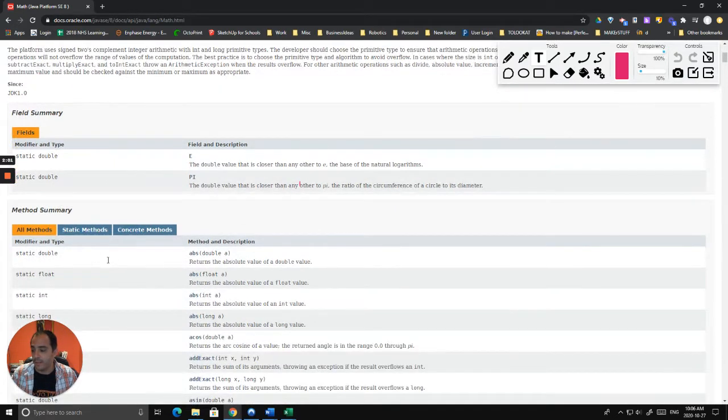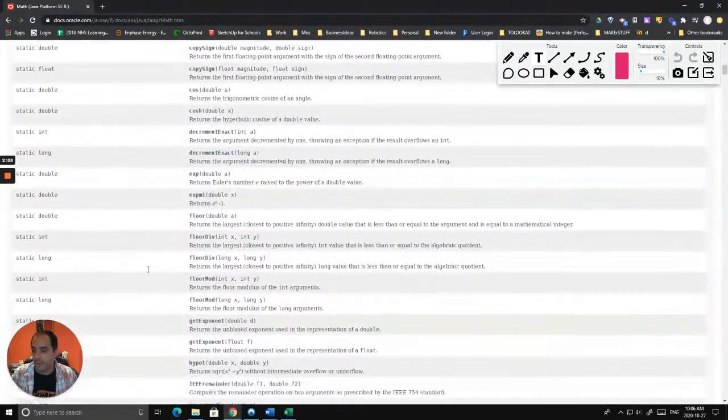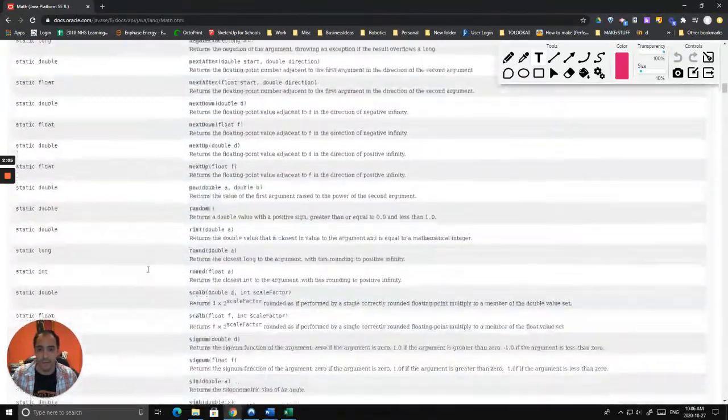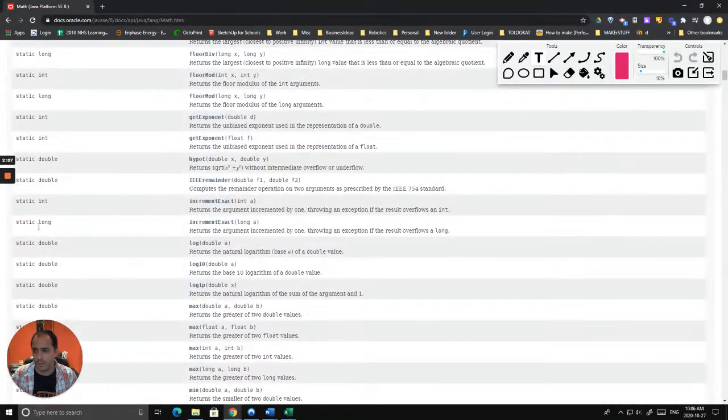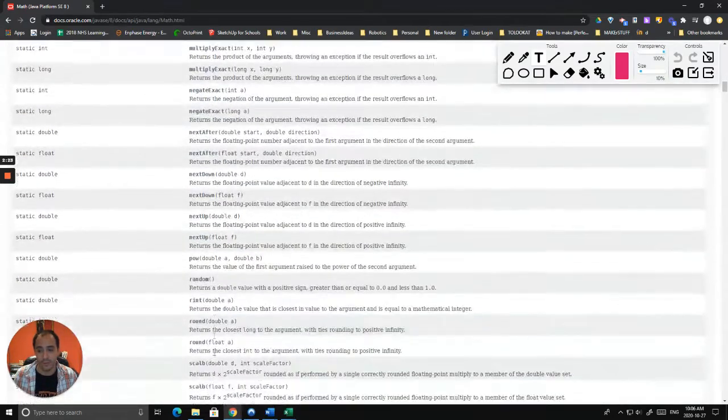Next is the list of all of the methods that exist in the math class. You're going to notice that they're all static, and I realize I've only talked briefly about what that means, but it means that you're going to be able to call these methods directly with no fuss. You can just say Math dot and whatever function it is that you want to use.